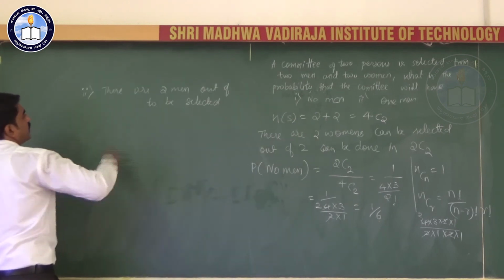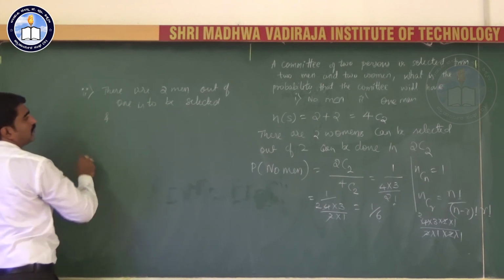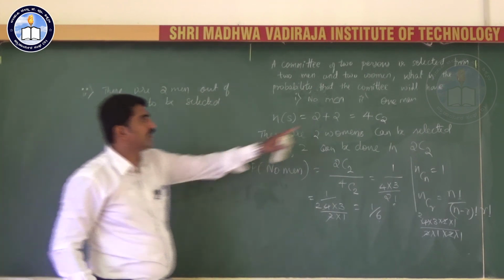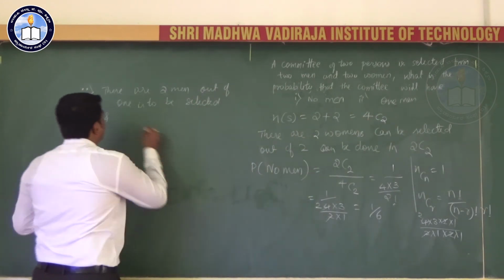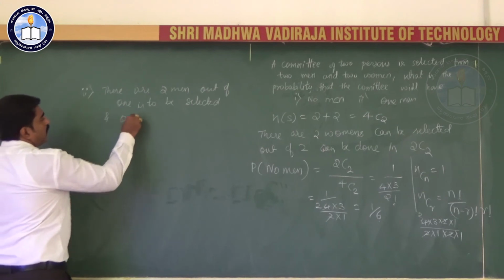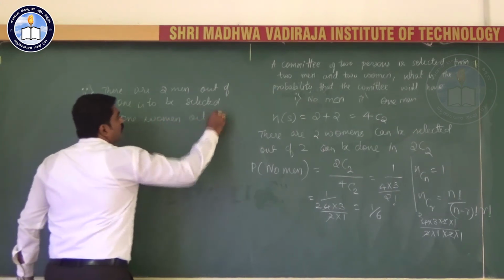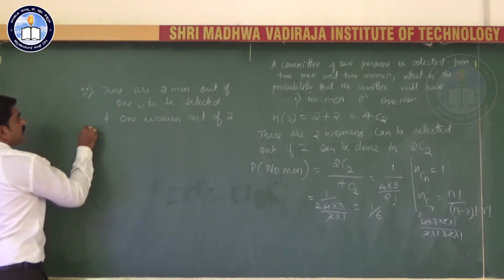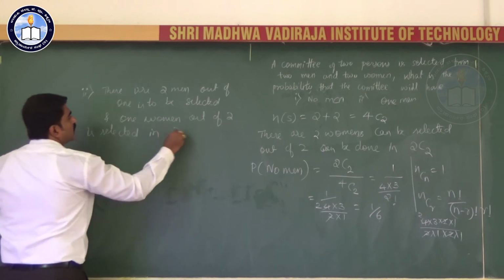Now 1 man is to be selected, and next, out of 2 women, 1 is to be selected. So 1 woman out of 2 is selected in 2C1 ways.